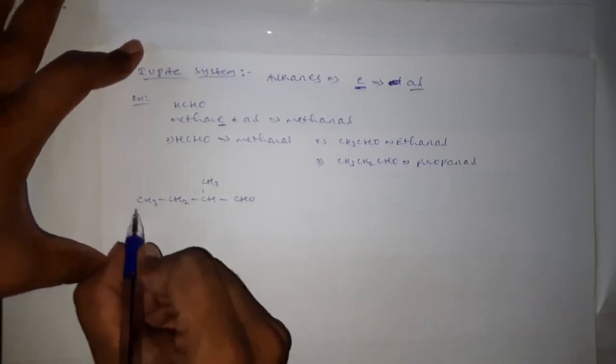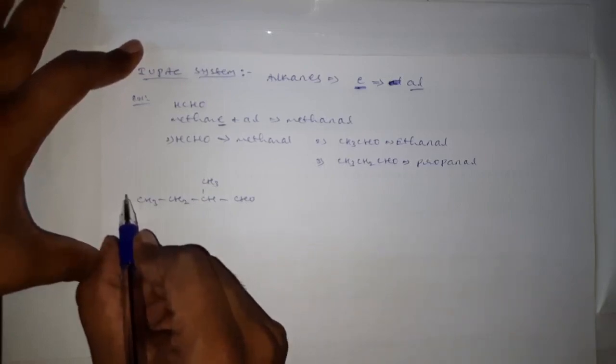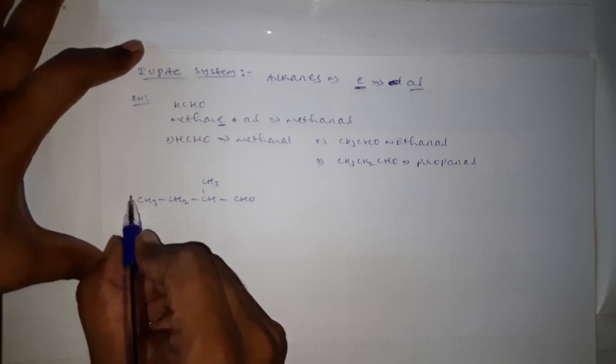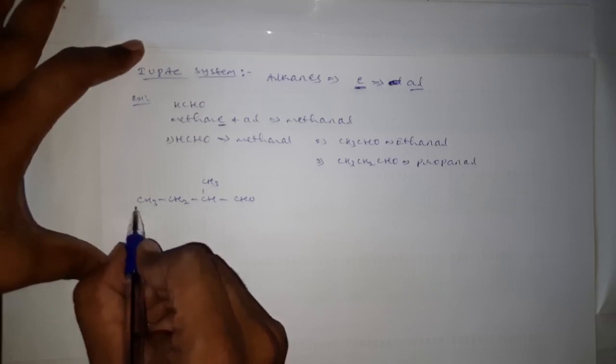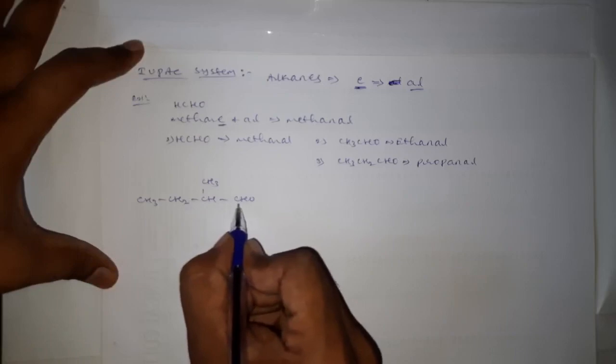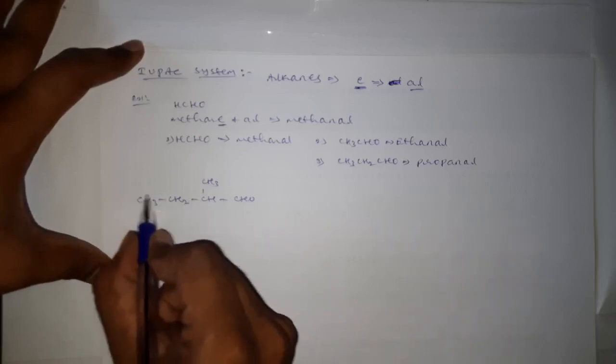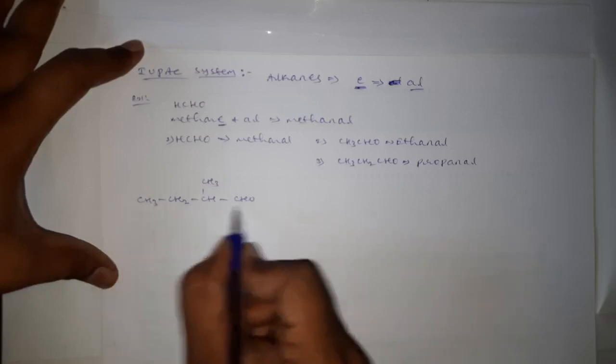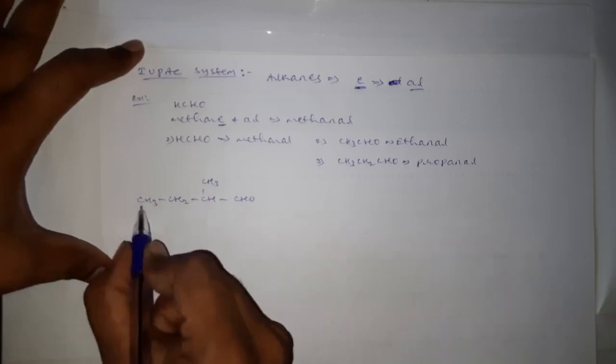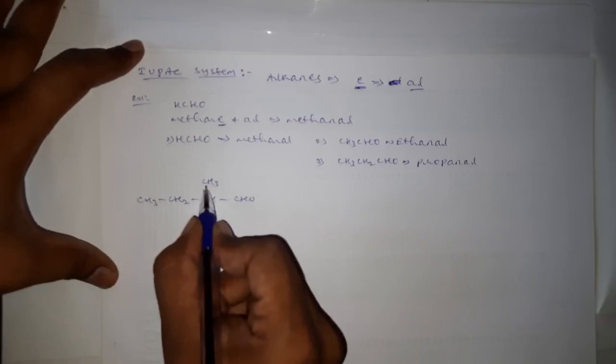Here we should select the parent carbon chain, that should be the longest carbon chain, and while selecting it, we should select the chain in such a way that it contains the aldehydic group, that is the CHO group. Here we should select this chain as the parent carbon chain, and here this becomes a substituent.